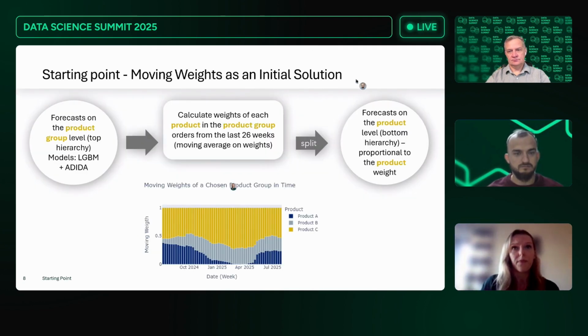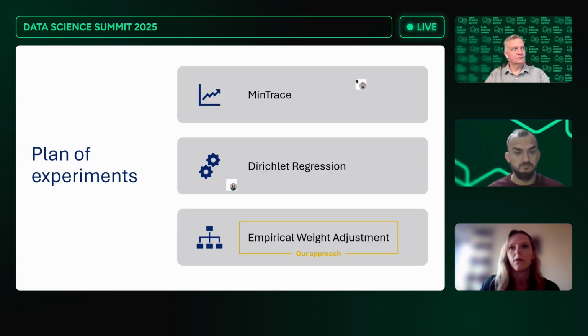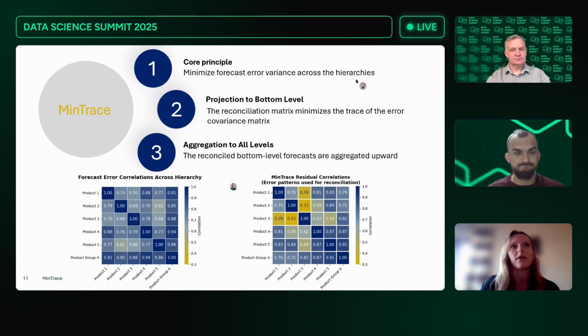So the initial solution was moving average on weights. We also used it in MinT for lower hierarchy. For higher hierarchy, these were the models explained at the beginning, so LightGBM and ADIDA.